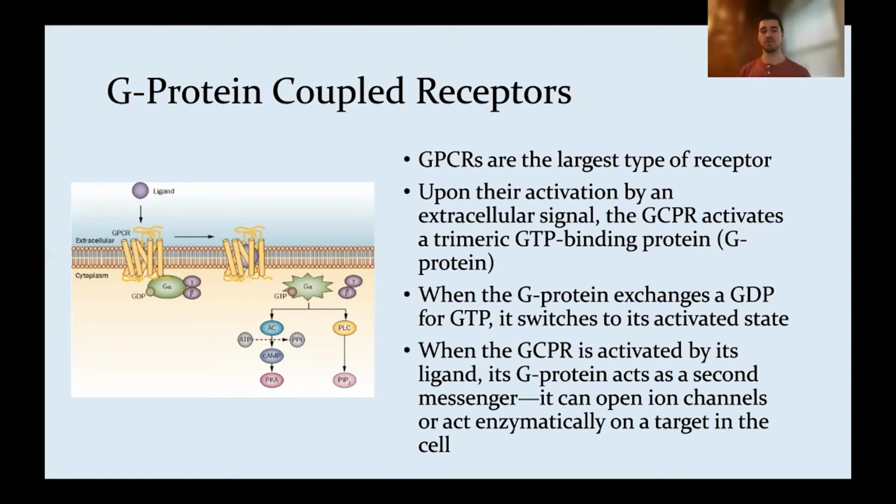So it has a couple of different ways that it can affect change inside the cell. But this is a very important receptor. I think it makes up like half of all receptors that we target pharmacologically, in terms of treating disease. It's implicated a lot in pharmacology, and it's a very hotly studied field right now.